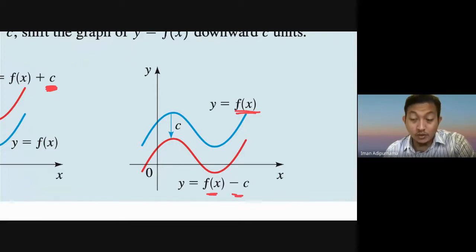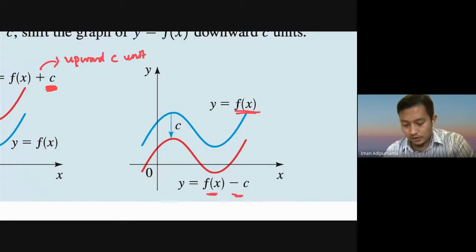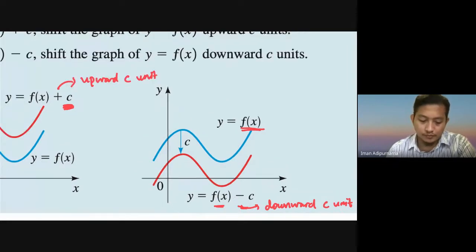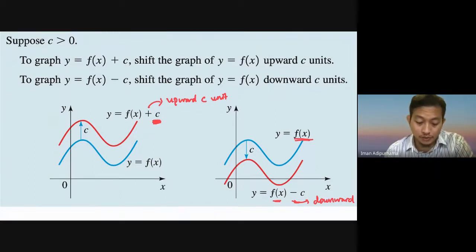So this is upward c units. This is downward c units. Okay. I don't think this is complicated, but I hope you get the idea.